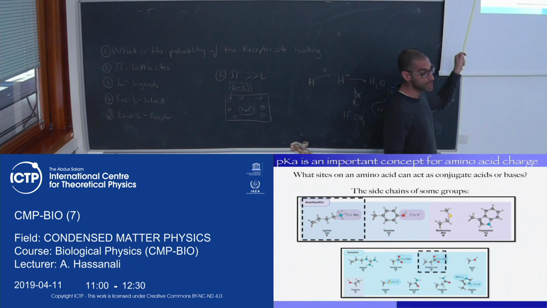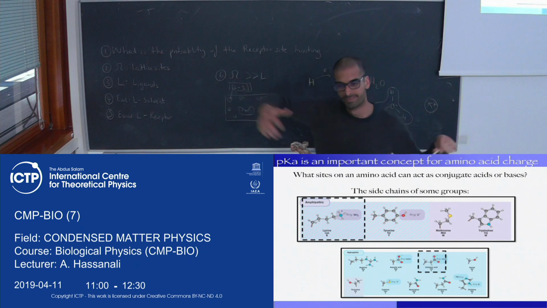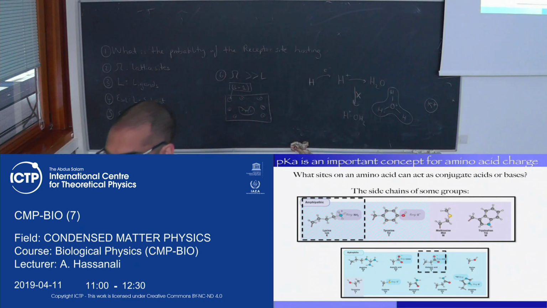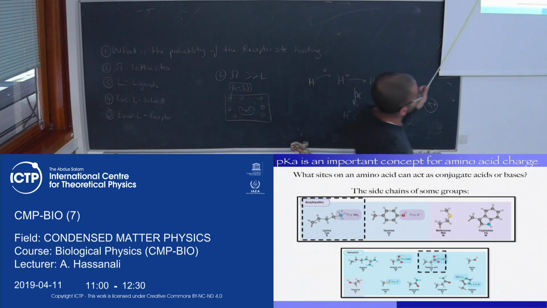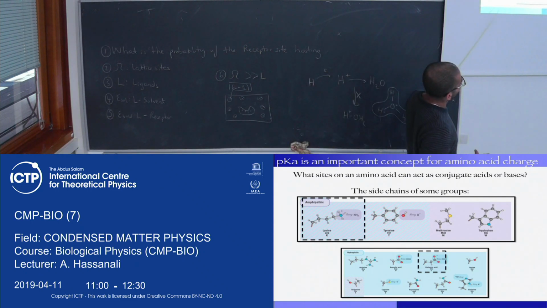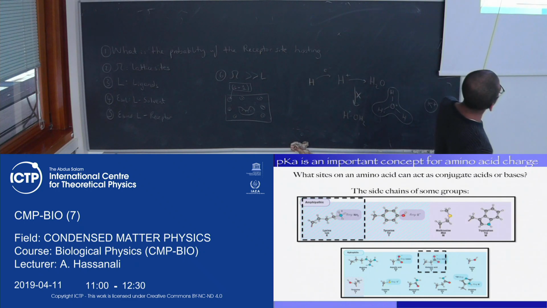Okay, so pK something is always minus log of some equilibrium or dissociation constant. Not all amino acids have exchangeable protonation sites. This is an example of lysine.